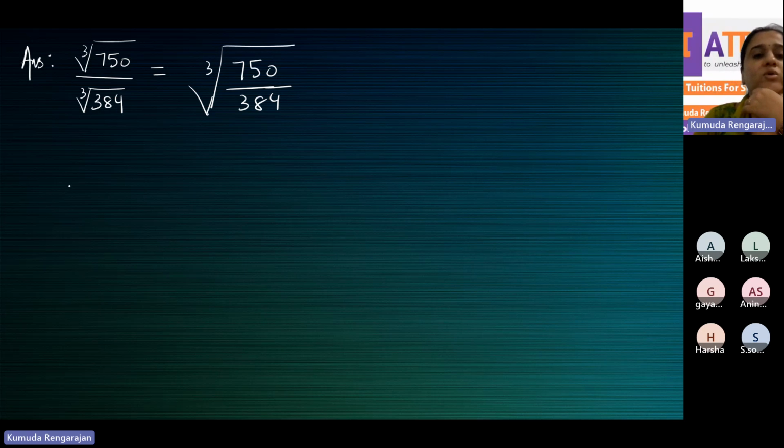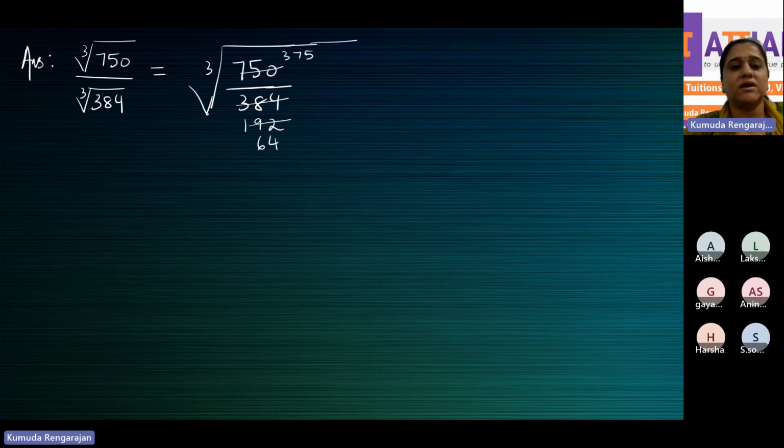So it's cube root of 750 by 384. All right, now simplify. 2 how many times? 375 times. And here 2 ones are 2, 2 nines are 18, and 2 twos are 192. Now you can simplify further in the tables of 3. 3 how many times? 3 sixes are 18.